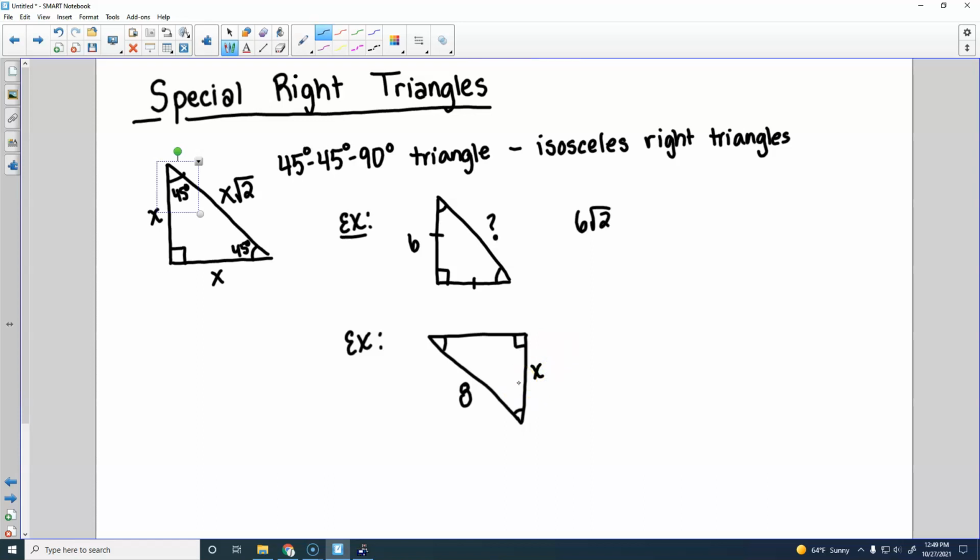What would you have to do if you know the hypotenuse and you're trying to find the leg? You're going to divide by the square root of 2. Just do the opposite, right? So it's going to be 8 over the square root of 2, which they generally don't like for us to put that square root of 2 in the bottom. So if we multiply by the square root of 2 on top and bottom, we've got 8 square root of 2 over 2, which is 4 root 2.